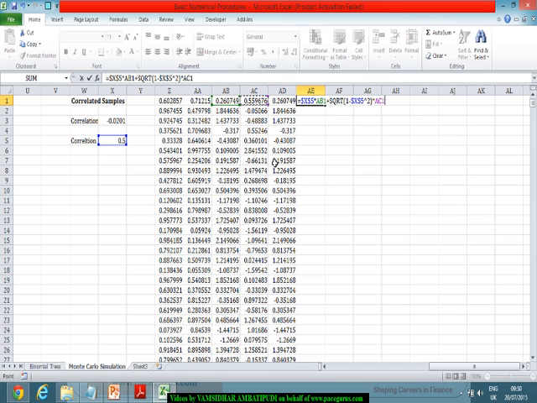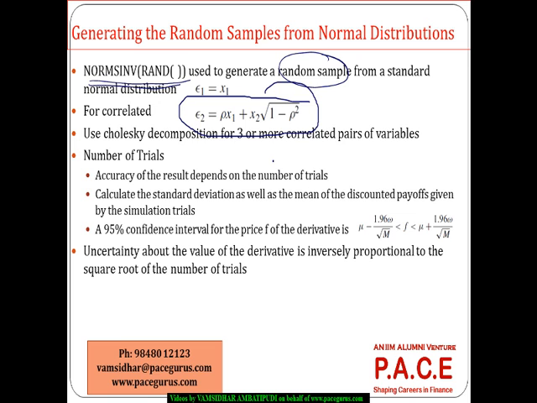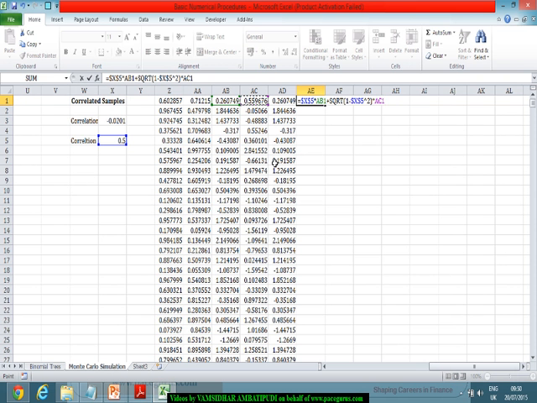So the second one we are altering a little bit.